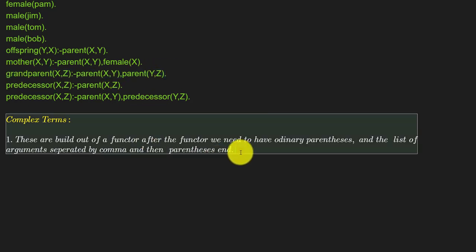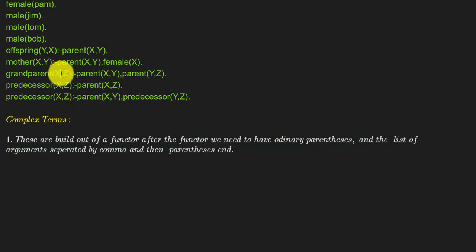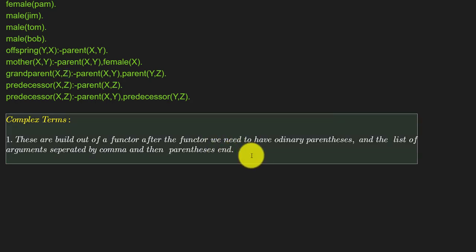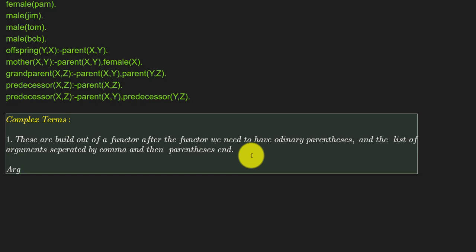Now the arguments of this complex term could be any of these types: it could be an atom, it could be a number, it could be a variable, and it could be a complex term as well. So the arguments of a complex term can be atoms.